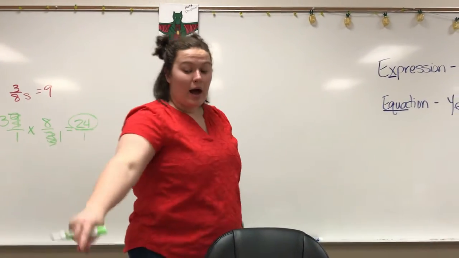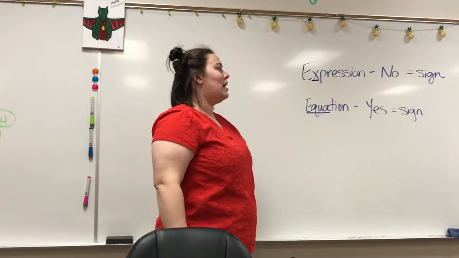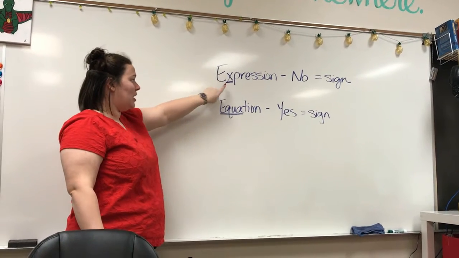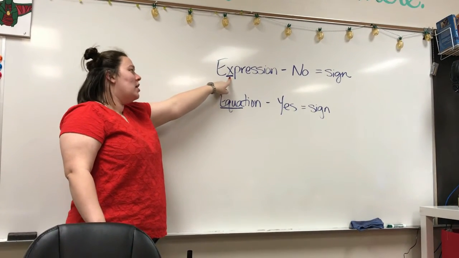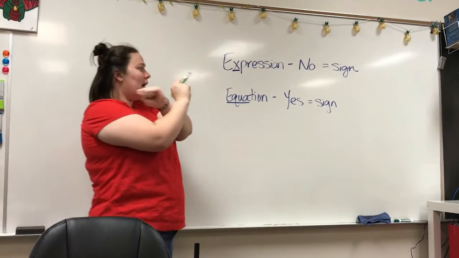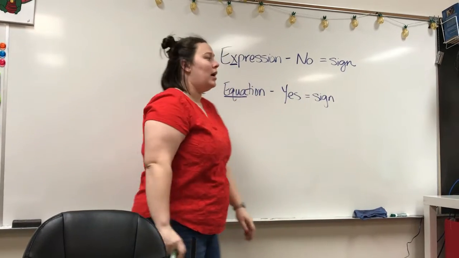I am going to give you the biggest cheat sheet in the world for that task card, and here it is. If it is looking for an expression, you can see that I underlined the letter X. That means no, okay? Expression means that there is no equal sign, okay?